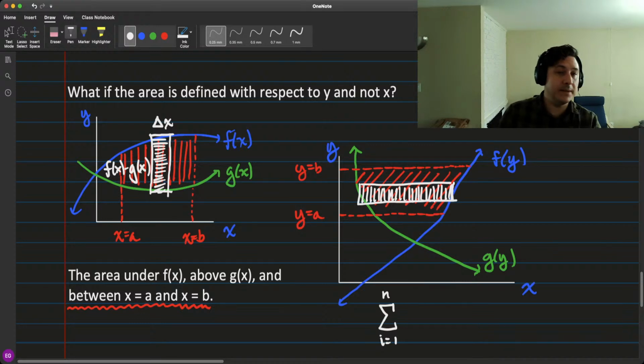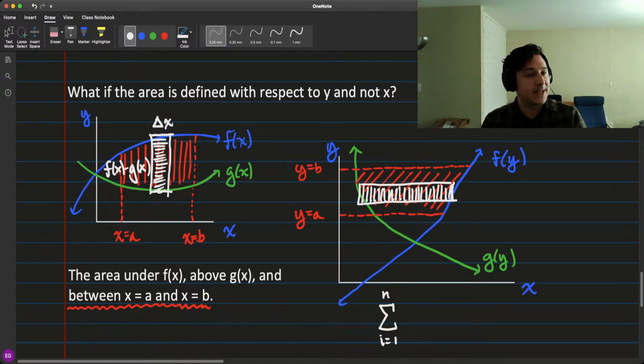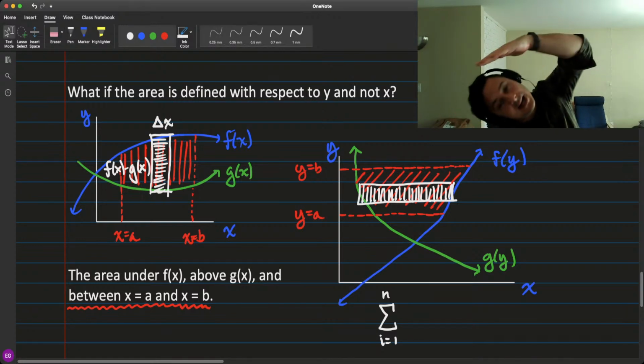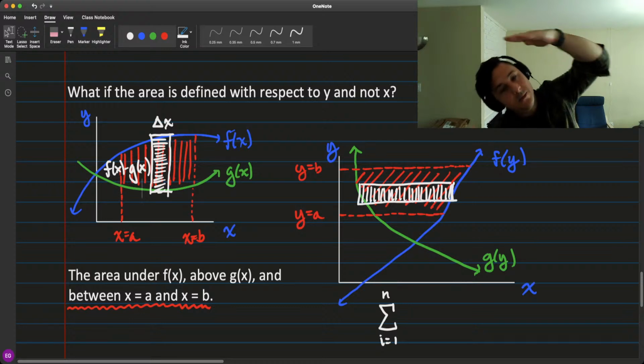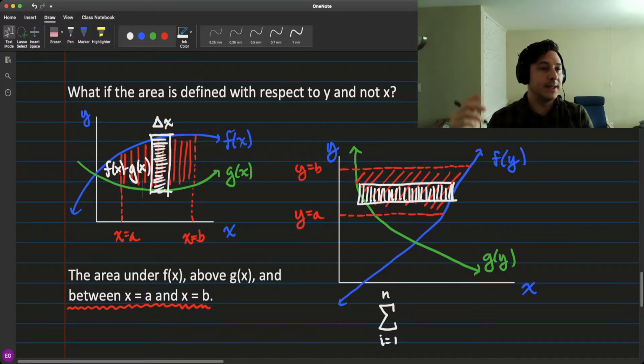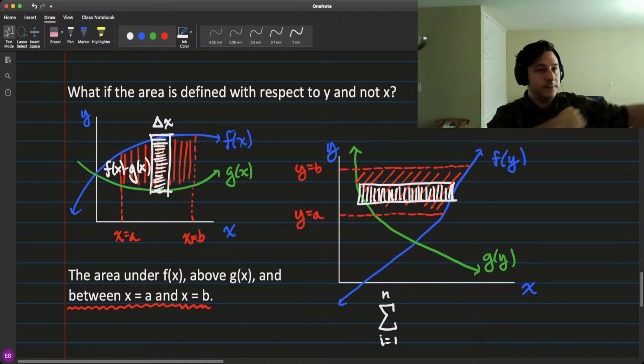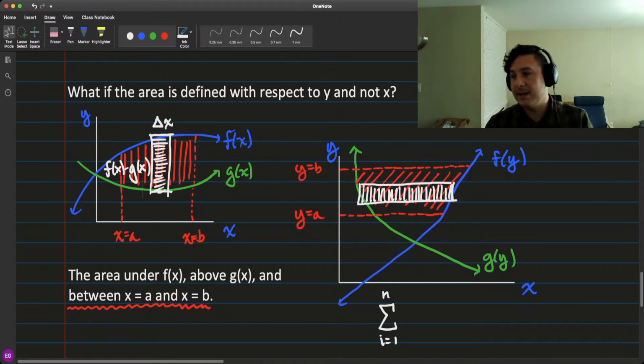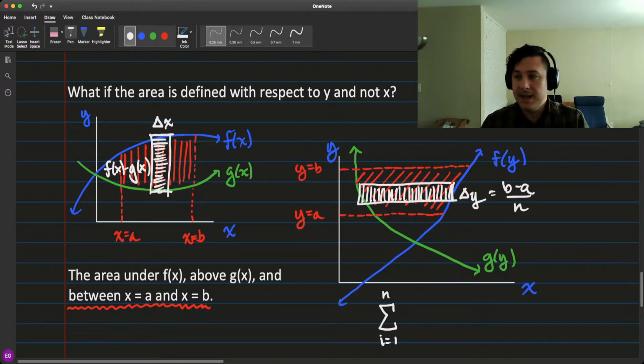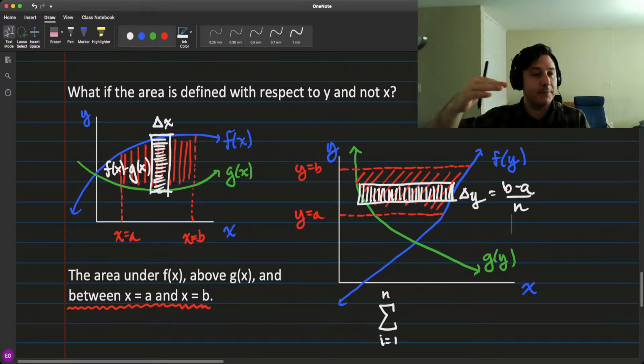The y case is going to be pretty similar, except now, what is the quote-unquote width of this rectangle on the right? Remember, you're looking at it sideways. What's the width of the rectangle on the y side going to be called? Delta y, exactly. So this is going to be delta y, and it's the same formula: b minus a over n. Now, what's the height of this rectangle going to be determined by? Which one is the top curve if you have your head tilted?